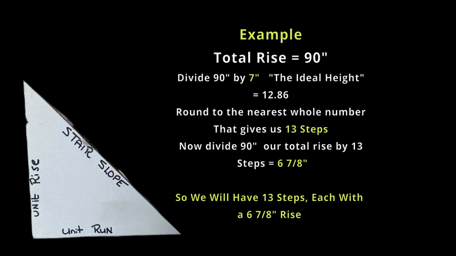Take that number and round it to your next whole number. That's going to give you 13 steps. Now divide 90-inch overall rise with your 13 steps, and it's going to give you 6 7/8 of an inch. So in our example, we're going to have 13 steps, each with a 6 7/8 of an inch rise.